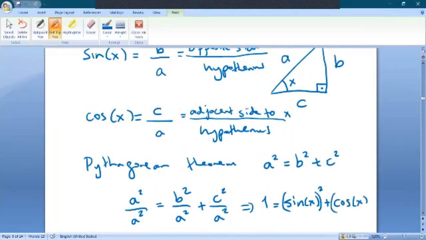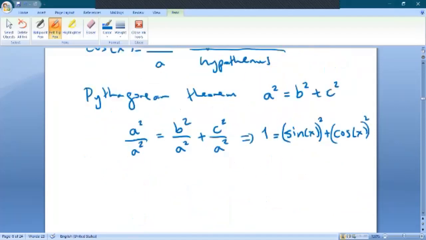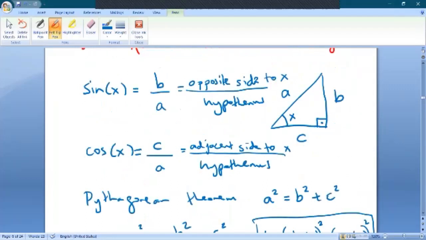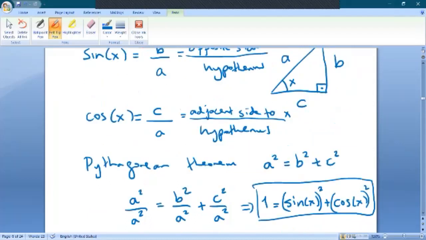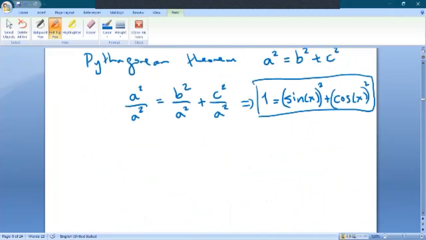Cosine of x squared. So sine squared plus cosine squared is equal to 1. That's a very important identity we need to know. So we need to know that sine is the opposite side to x over hypotenuse, cosine is the adjacent side to x over hypotenuse, and the squares of sine and cosine of the same angle x, if we sum them up, equal 1. This is very important, which comes from the Pythagorean theorem.